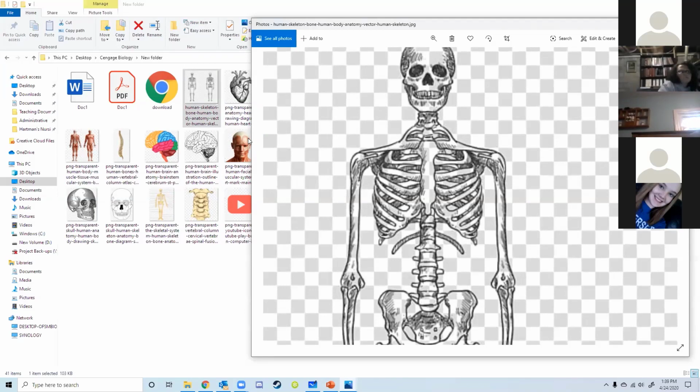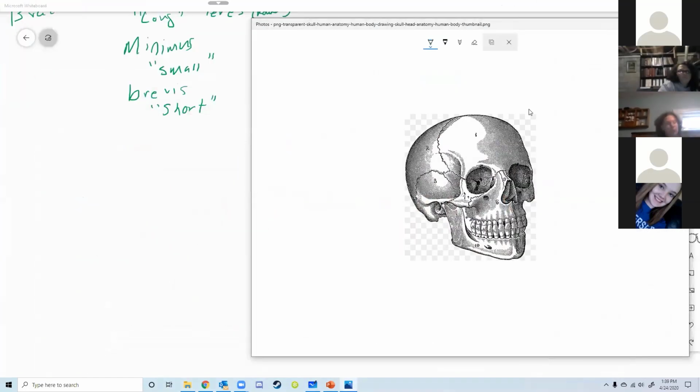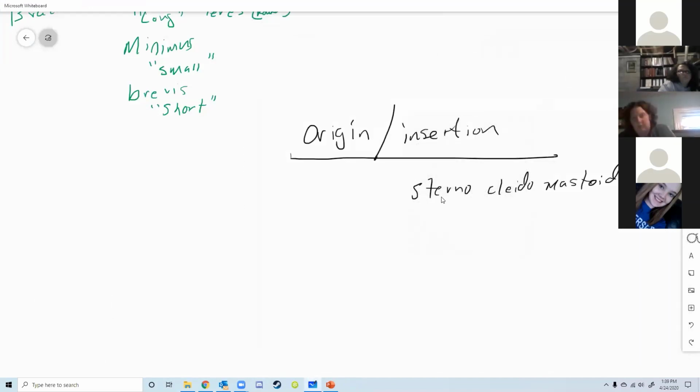So it's the sternocleidomastoid muscle. So it's not really that complicated when you break it down a little bit, right? I think it's pretty much the exception for that type of muscle and that big of a name.